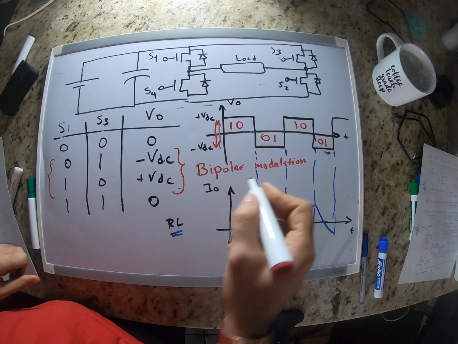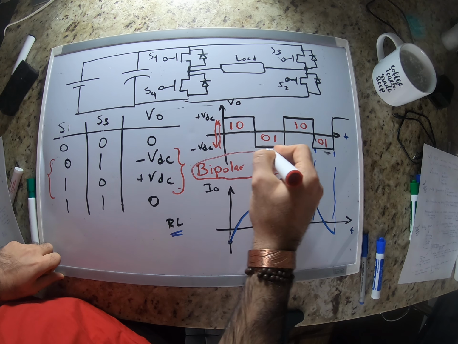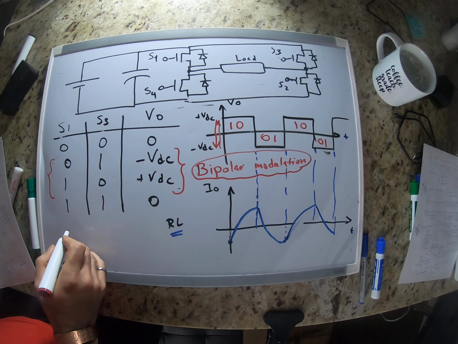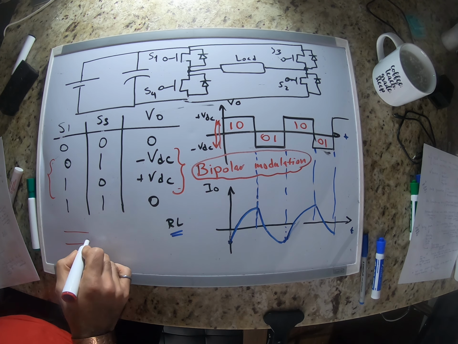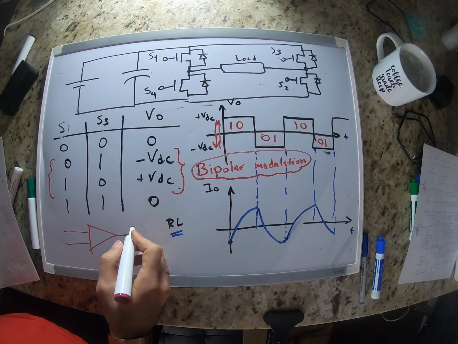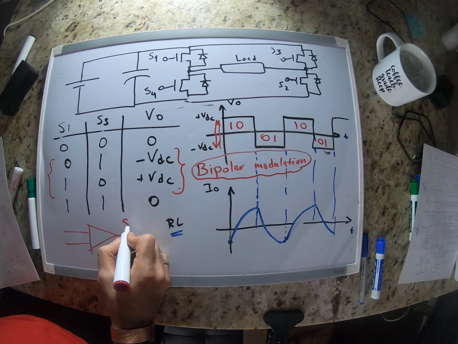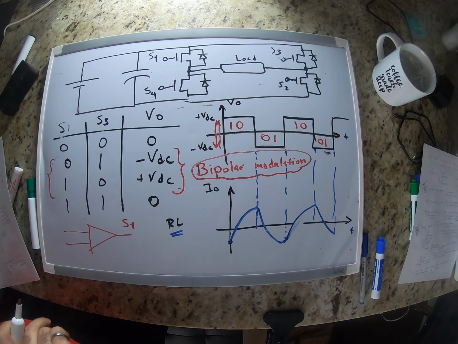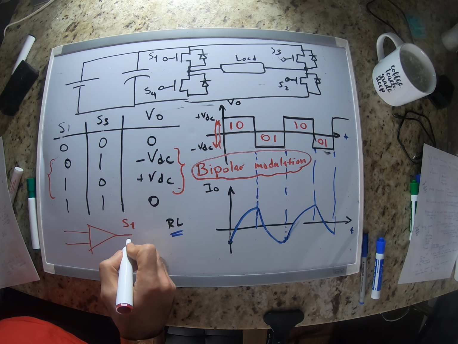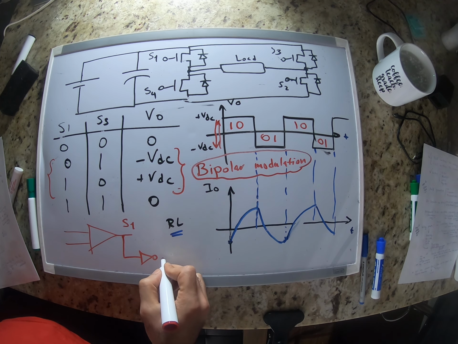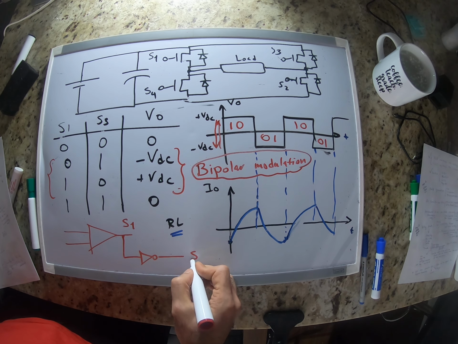Okay, so this is what I wanted to mention. And again, I want to emphasize that we have bipolar modulation. Basically here we create a signal for S1, and the inverse of that, like we have a NOT gate here, would be S4.